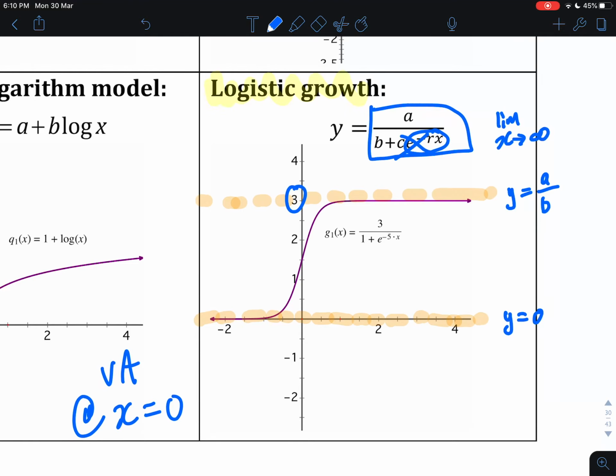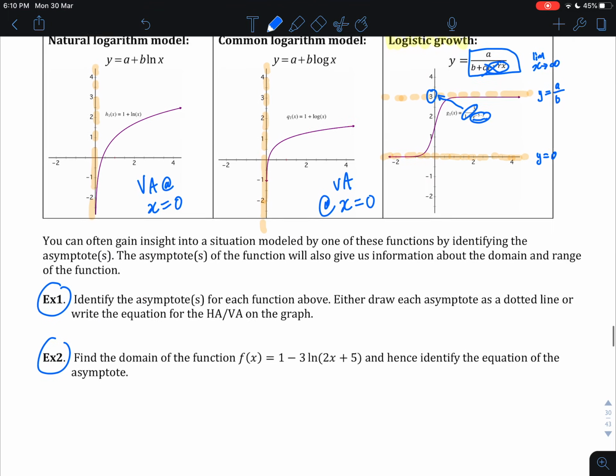So in the context of the specific graph you've been given, you can see the ratio of those two terms produces our horizontal asymptote at 3, and as x approaches minus infinity, this term over here will approach infinity, and therefore we will approach 0 from above for the value of the function.